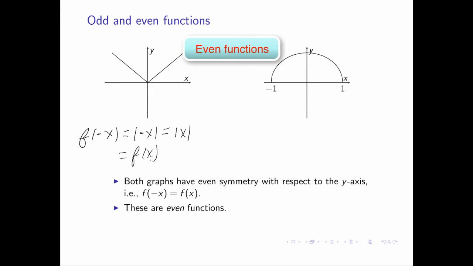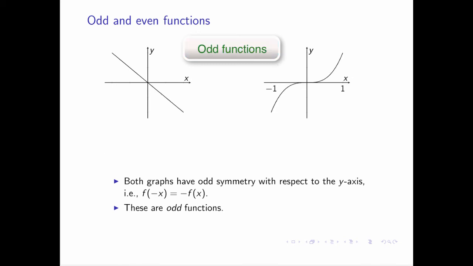So we've mathematically shown that there's even symmetry. On the right hand side, f(minus x) is the square root of 1 minus minus x squared, which is equal to the square root of 1 minus x squared, which is equal to f(x).